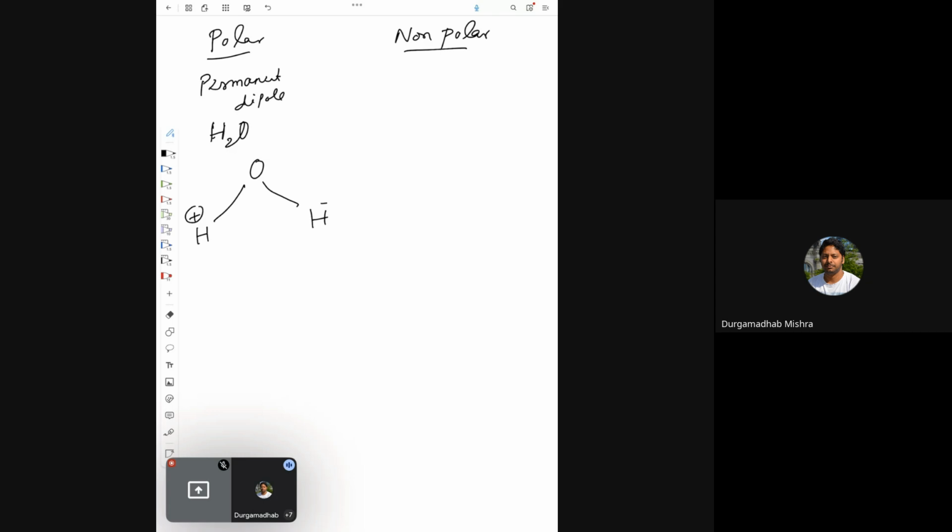You have positive, positive, and negative, so the positive center will be here, and you have a dipole moment, this is p. So this is a permanent dipole. Non-polar is like any other atom where you apply an electric field and you induce a dipole. So this is an induced dipole.